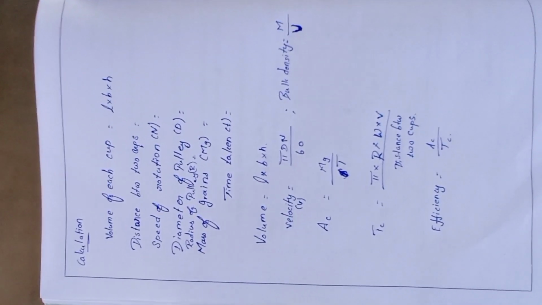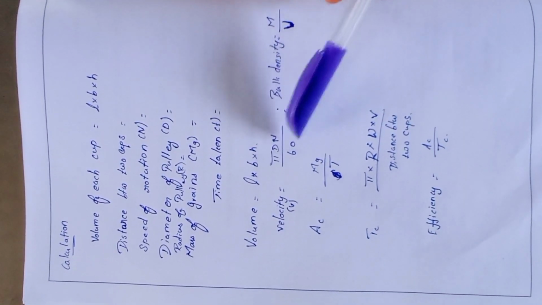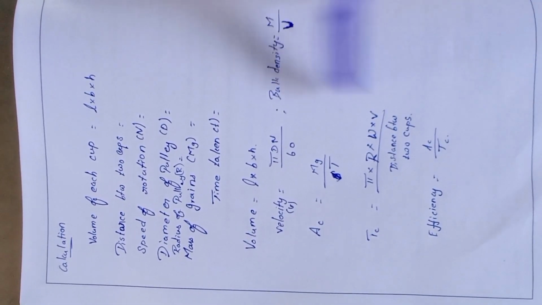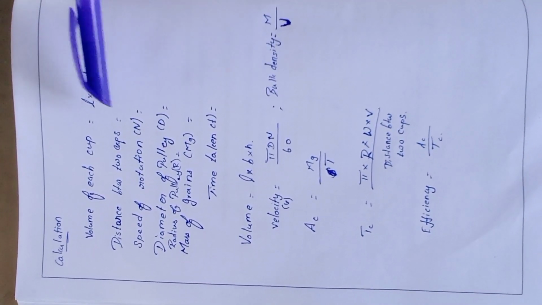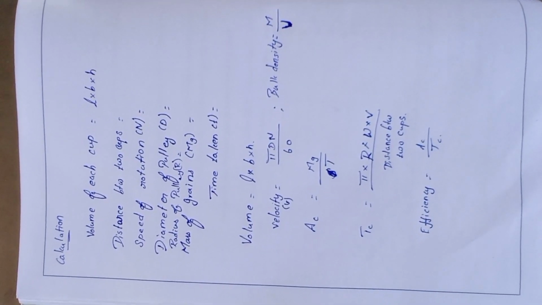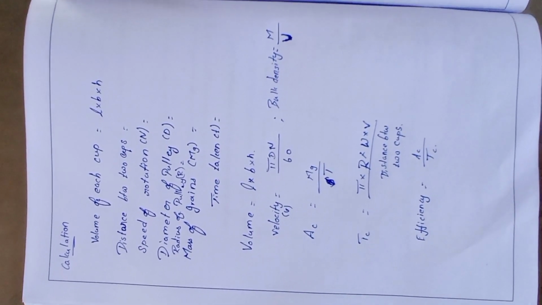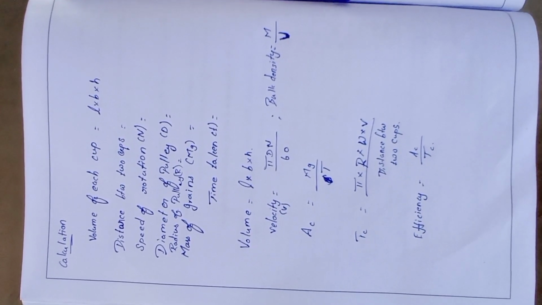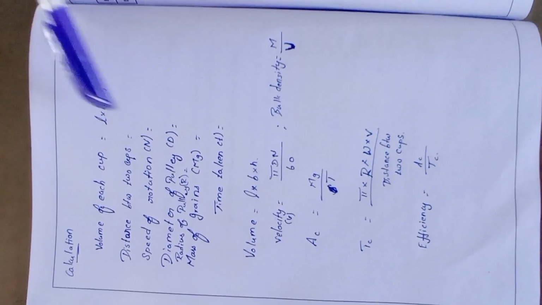Then we have to calculate the velocity, which is obtained from pi into D into N divided by 100. D is the diameter of the pulley, and N is the speed of the rotation. And then we have to find the bulk density, which is obtained from mass divided by volume.